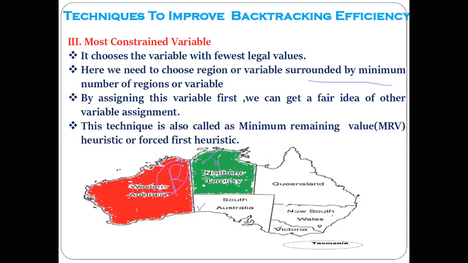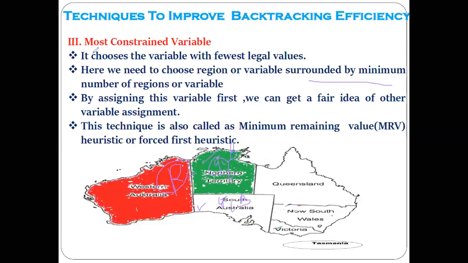We have the green and the blue. Here also we have the green and the blue, but we chose this region, and we give the green color here. Understood? After that, we proceed in the similar way.